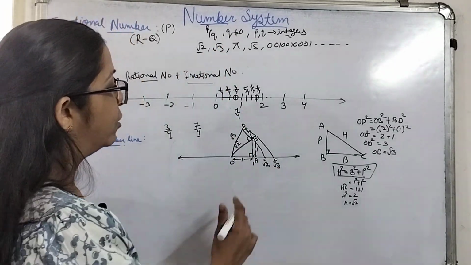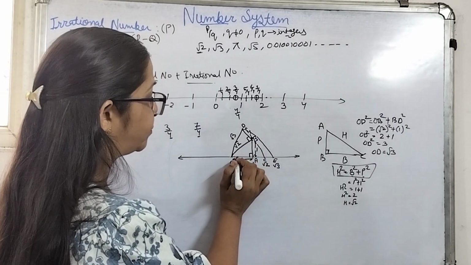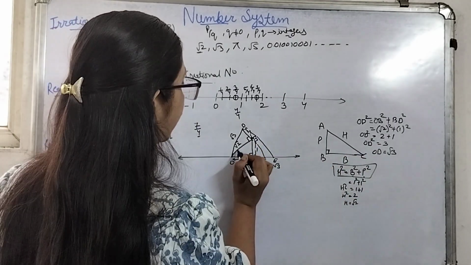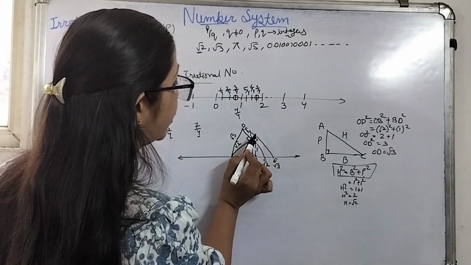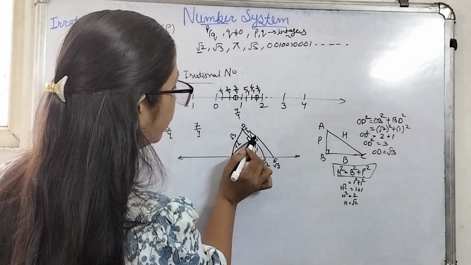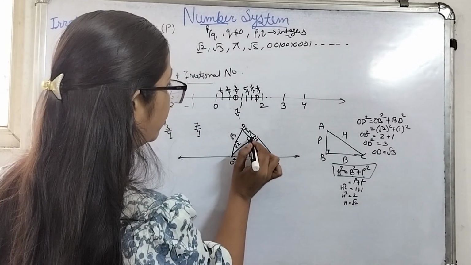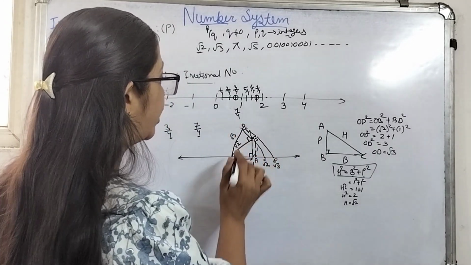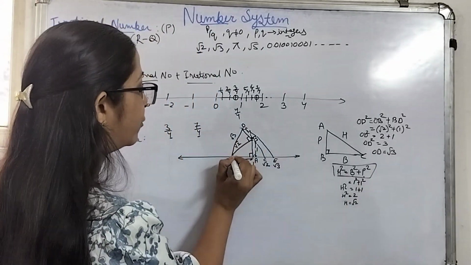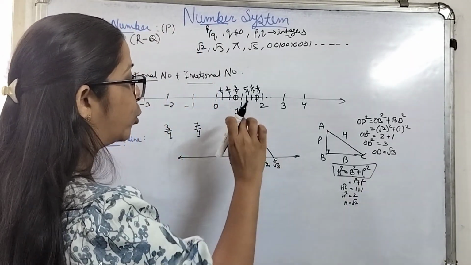What we have done is, first of all, we have drawn root of 2. We have simply used the concept of Pythagoras theorem. Now, once we have the value of root of 2, if I draw a perpendicular at point B of unit distance, in that case, this is root of 2, this is 1, and this OD will be root of 3. Because O we have taken as the center and OD as the radius.